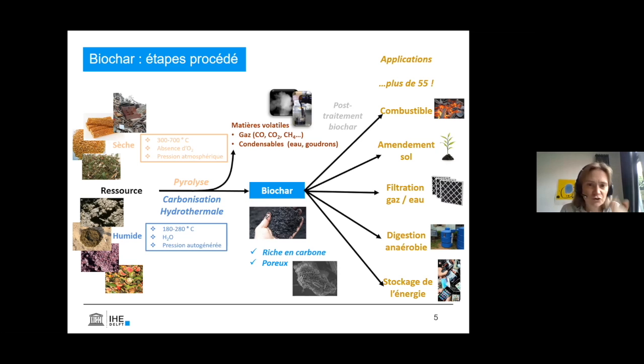So, first, as a fuel: biochar is combustible, and using it as a fuel is relevant to replace wood in developing countries and avoid deforestation. There is also a mature application, the enrichment of soils to improve crop yield.